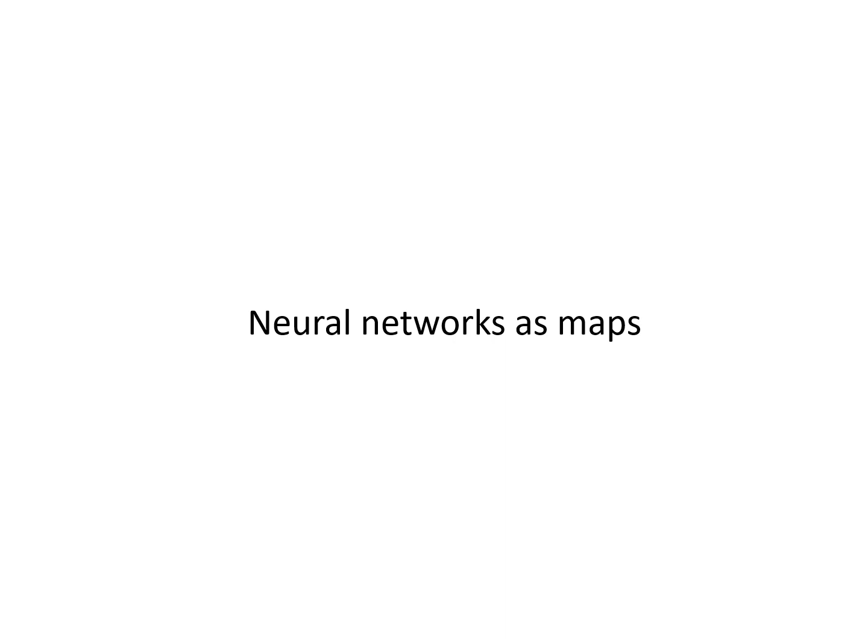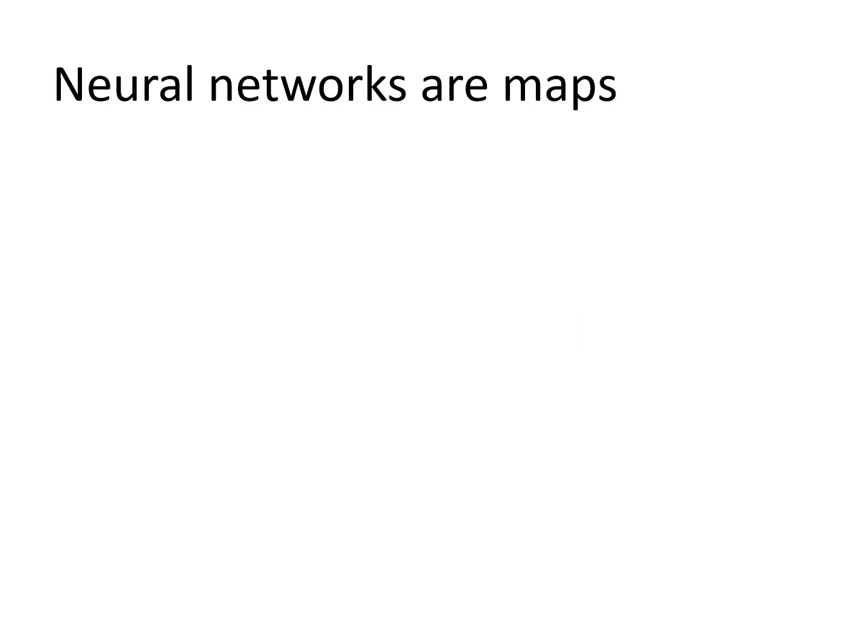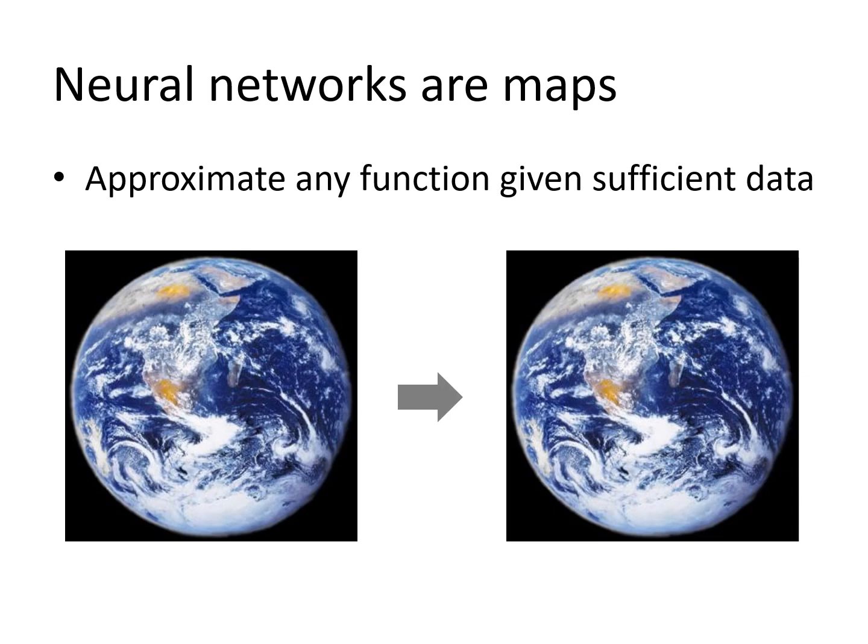So far we have talked about the case where maps are given by permutation matrices or partial maps. More recently, in the deep learning era, we are interested in training neural networks. One view of neural networks is that they are also maps. In fact, you can think of neural networks as approximating any function between two arbitrary domains given sufficient data.